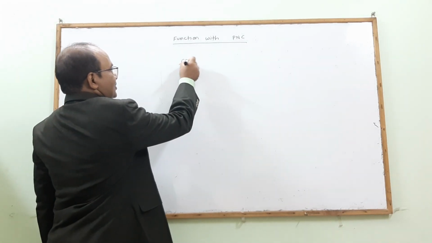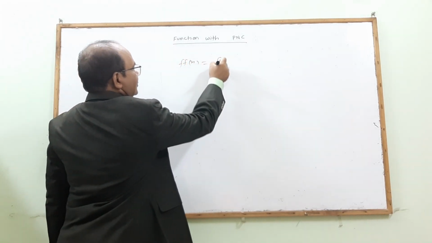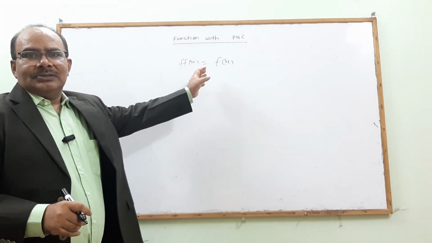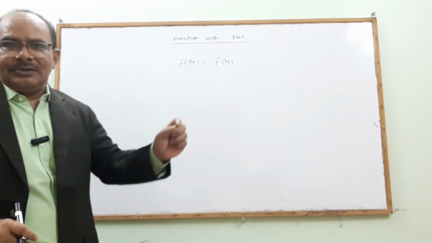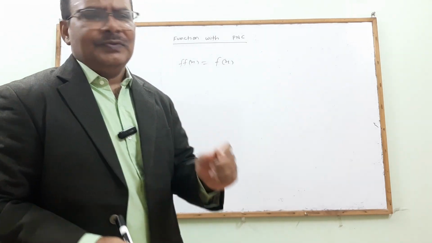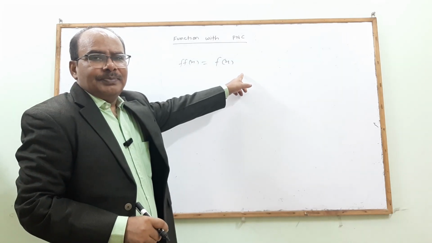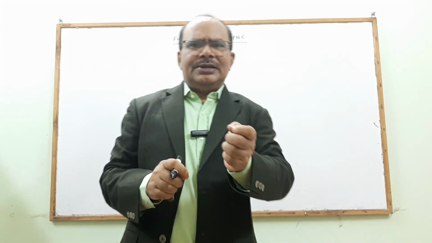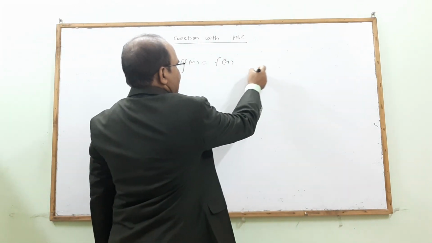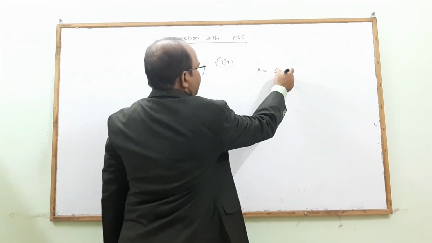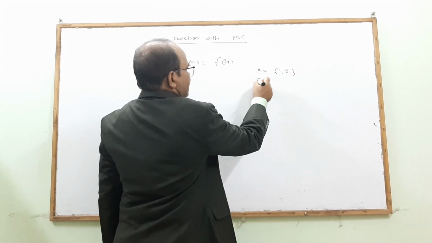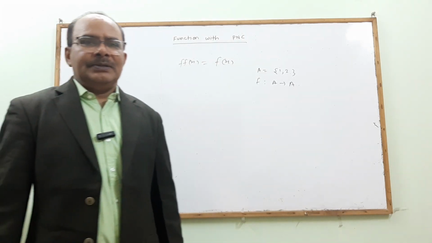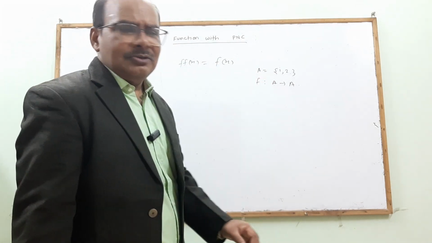In this concept we have to learn composite functions. f of f(x) is the composite function of f, and it is equal to f(x). Just see a simple example. If we take A equal to {1, 2} and the function is defined from A to A. Observe what is going on.